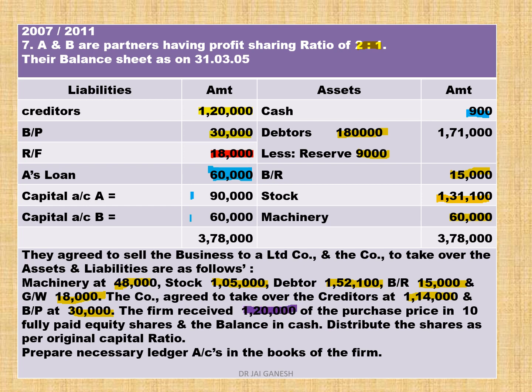Out of PC, 1,20,000 of purchase price is paid in the form of equity share and balance is paid in the form of cash. You need to distribute the shares as per original capital ratio. The original capital is 90,000 and 60,000. So distribute the equity share in 9:6. Prepare ledger accounts in the books of the firm.